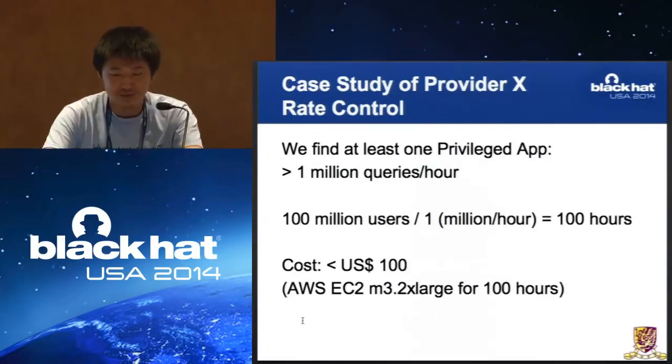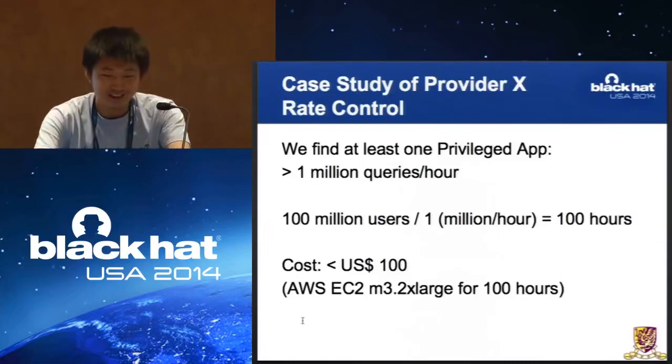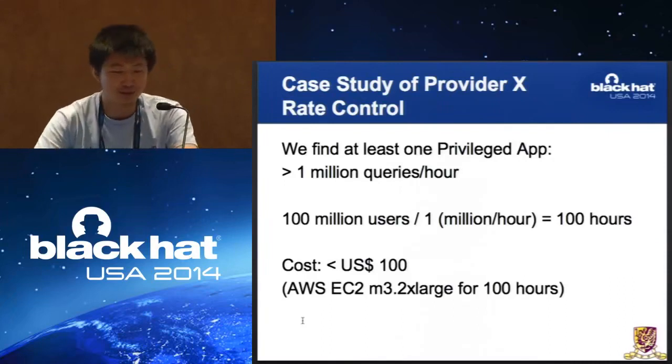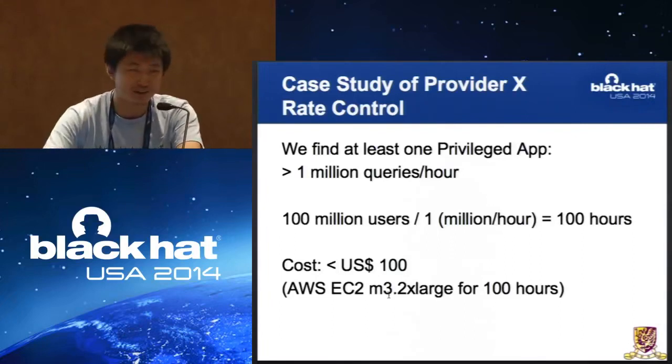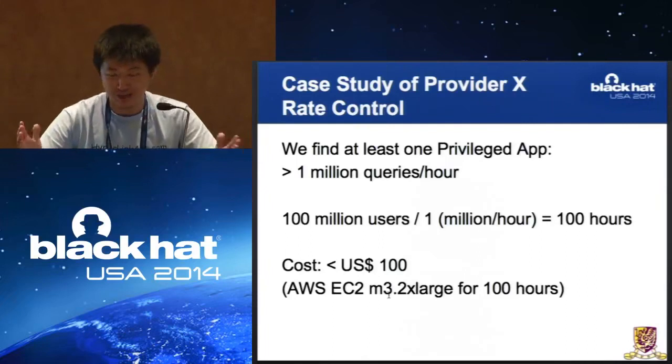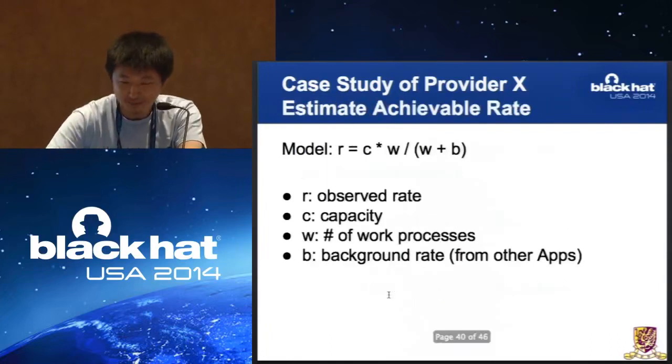If you do the math, you only need 100 hours, just several days. The cost is also very low because the resource can be well supported by an Amazon instance of this type. If you check the price table, it's less than $100. So you can get the whole data of one such large social network at such little cost in less than 1 week. That's what makes it possible.